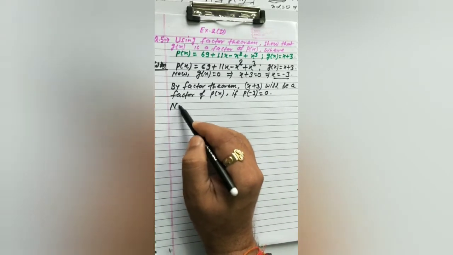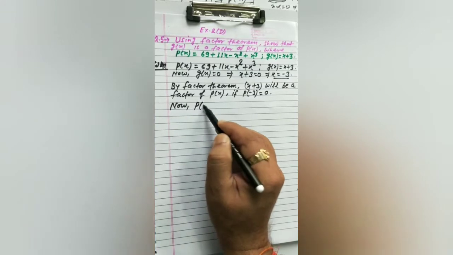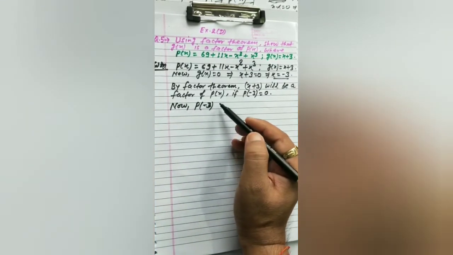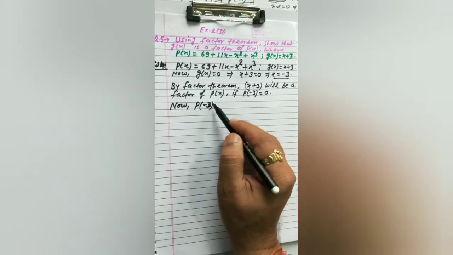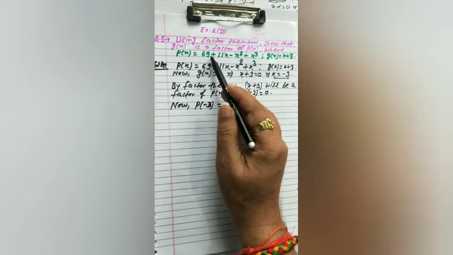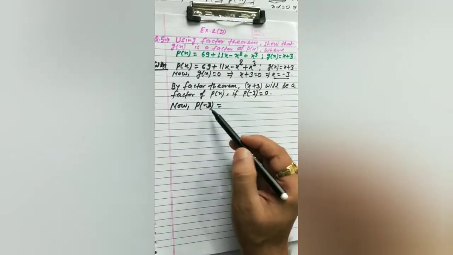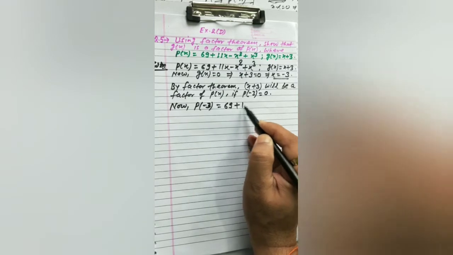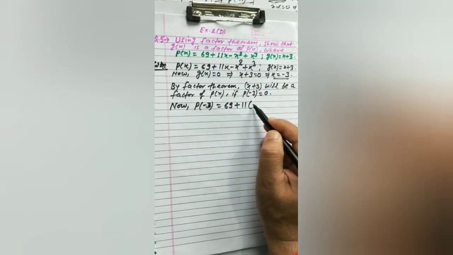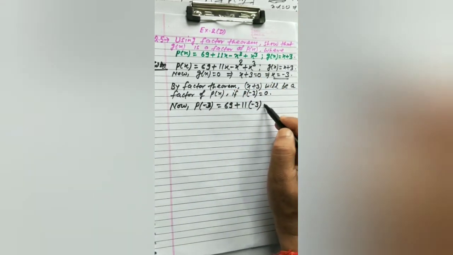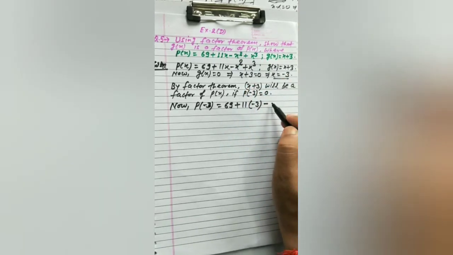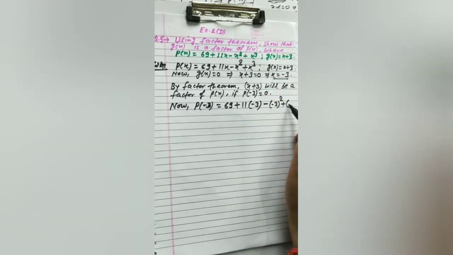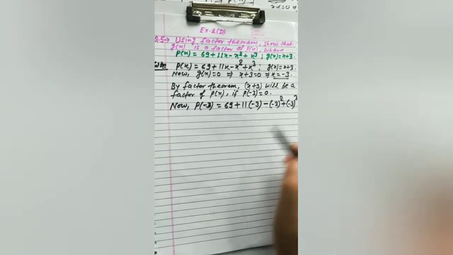So now let us find the value of p(minus 3) to see whether its value is 0 or not. So replace every x in p(x) by minus 3. Now 69 is there, 11 into x is there, so write at the place of x minus 3, minus x square, so write here minus 3 the whole square, plus x cube is there, so write here minus 3 the whole cube.